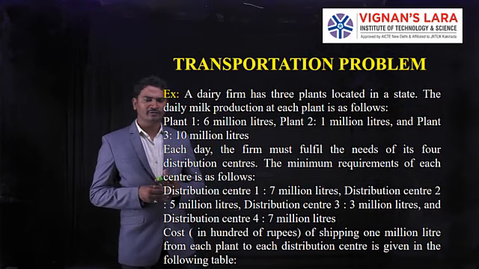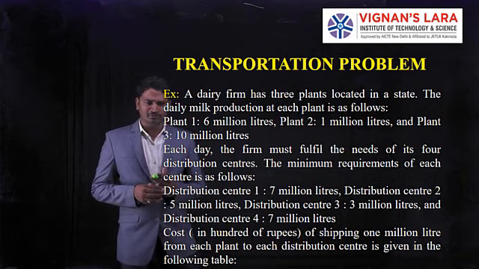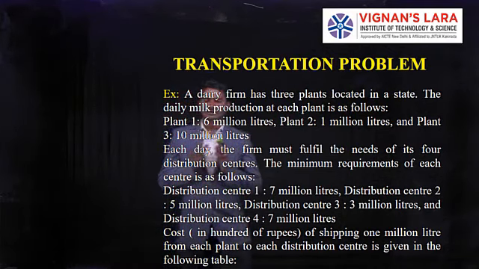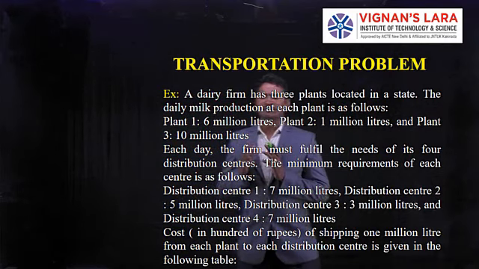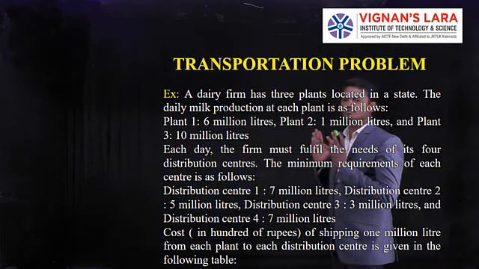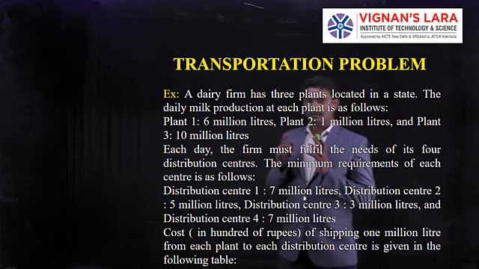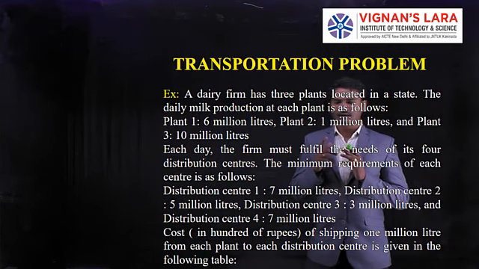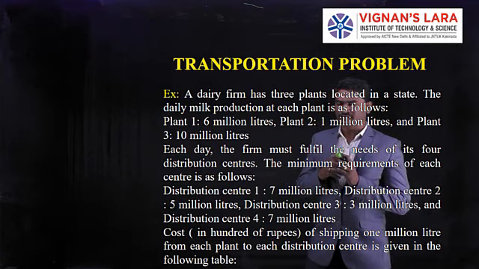A dairy farm has three plants located in a state. The daily milk production of each plant is as follows: plant 1 is 6 million liters, plant 2 is 1 million liter, and plant 3 is 10 million liters.